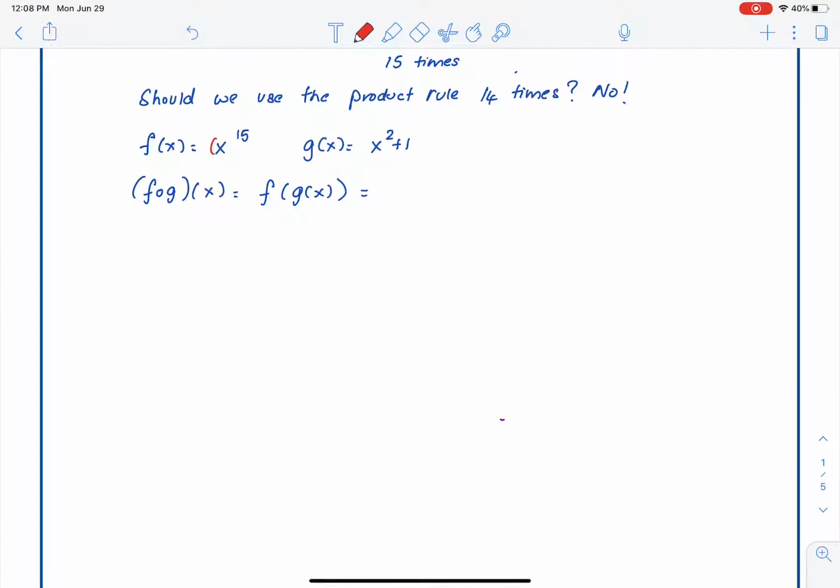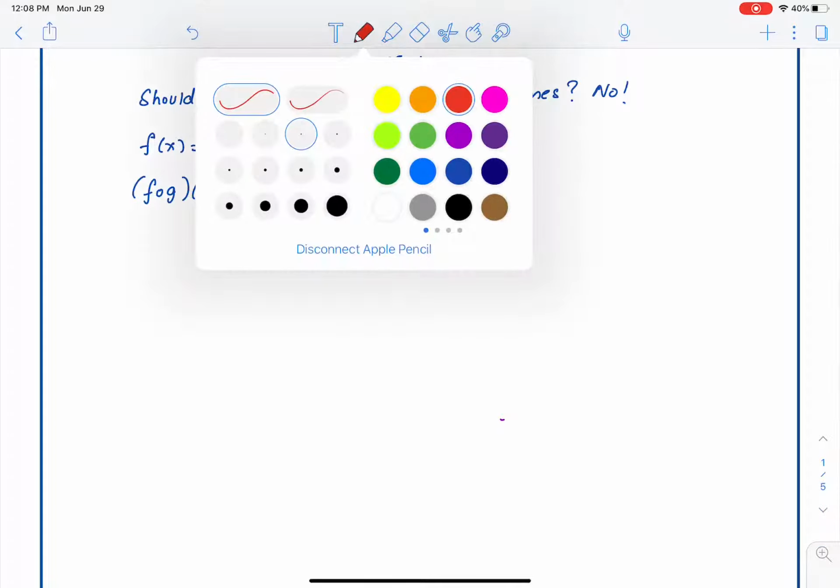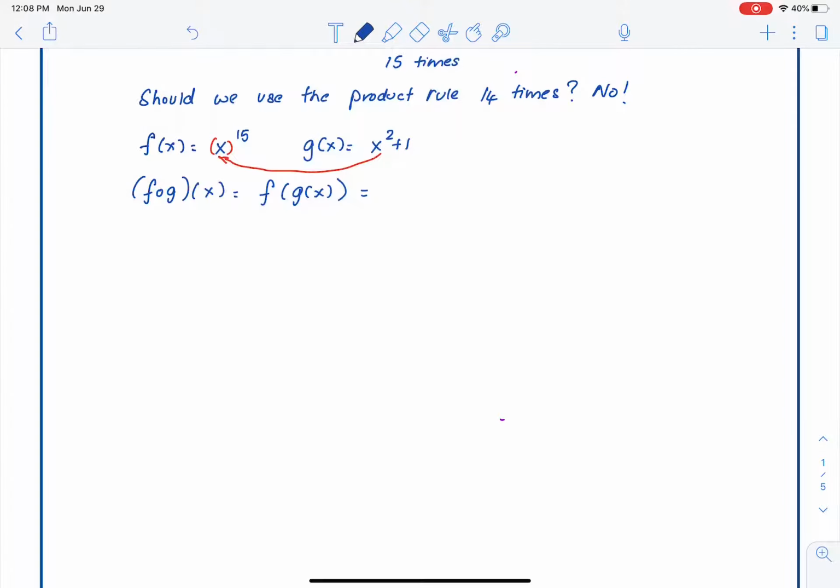So the x squared plus 1 would replace x in x raised 15. So we would end up having x squared plus 1 raised 15. So that gives us an idea as to when to use the chain rule.